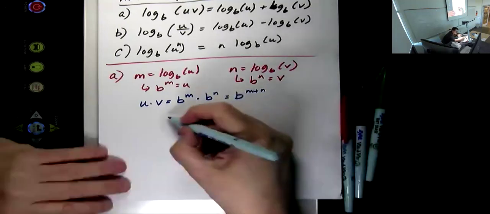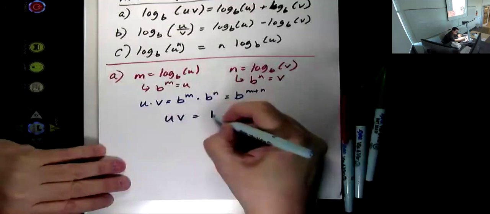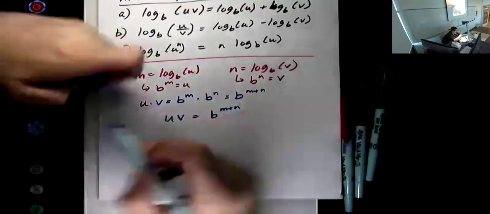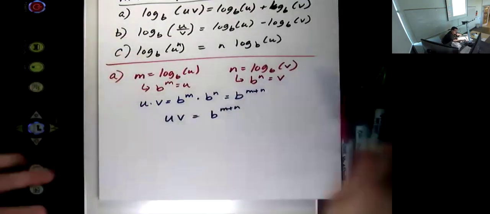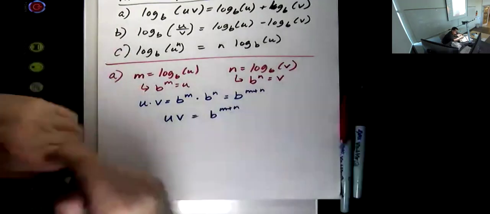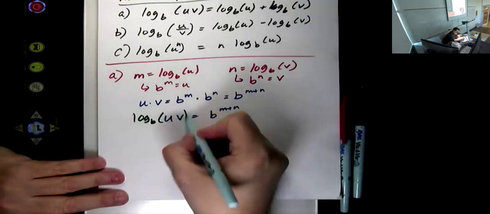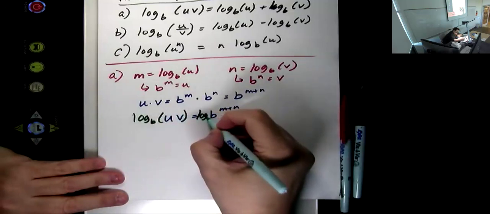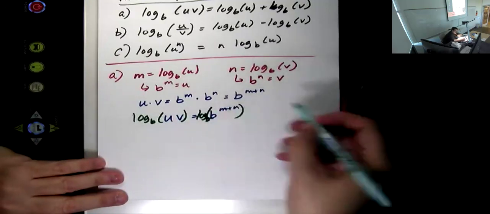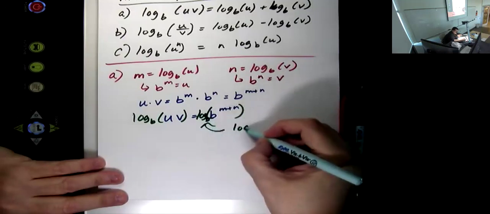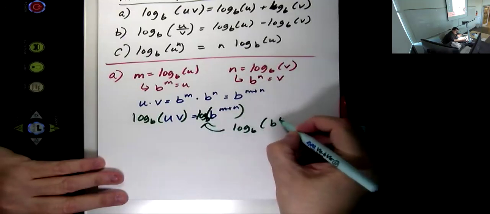So I've got uv equals b to the m plus n. At this point I'm going to take log base b of both sides, so log base b of b to the m plus n.